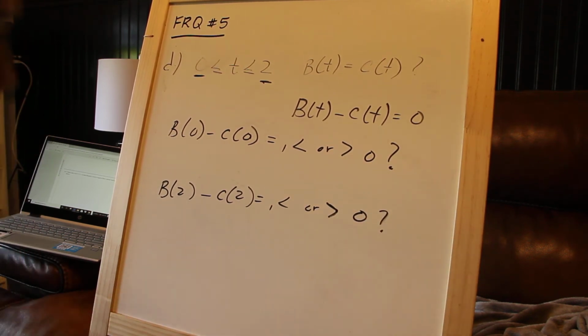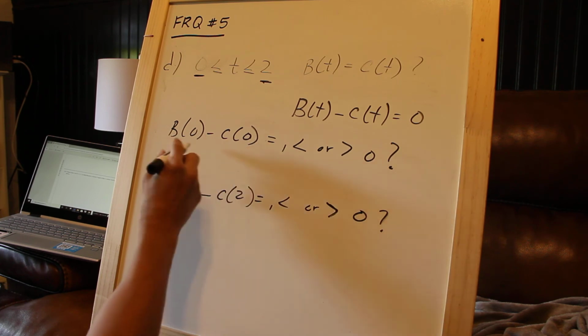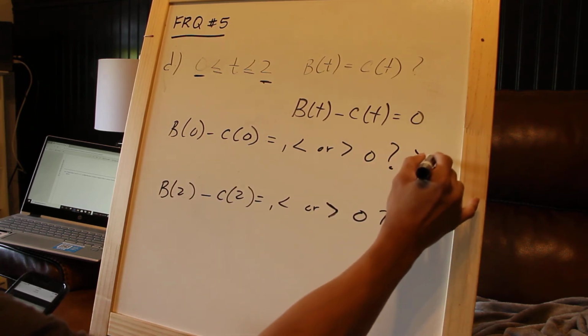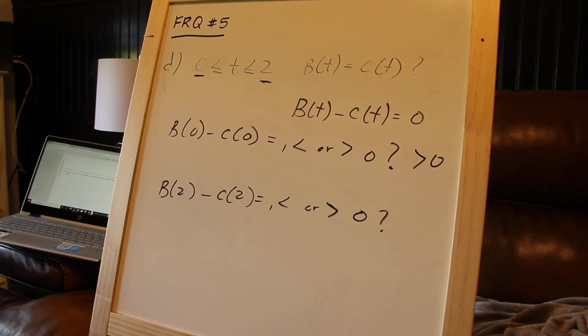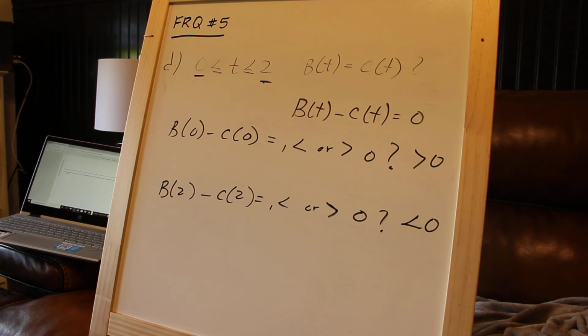Looking at that, what you'll find is that at 0 you will get this to be greater than 0, and then you will get this to be less than 0.